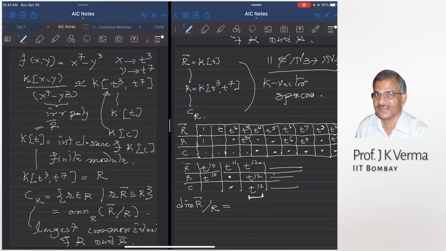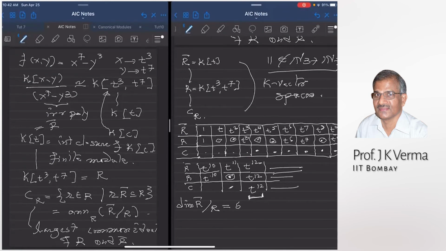How many powers of T are in R bar which are not in R? 1, 2, 3, 4, 5, and 6. Six powers of T were in R bar and not in R, and from T12 onwards everything is in R. So this is 6.